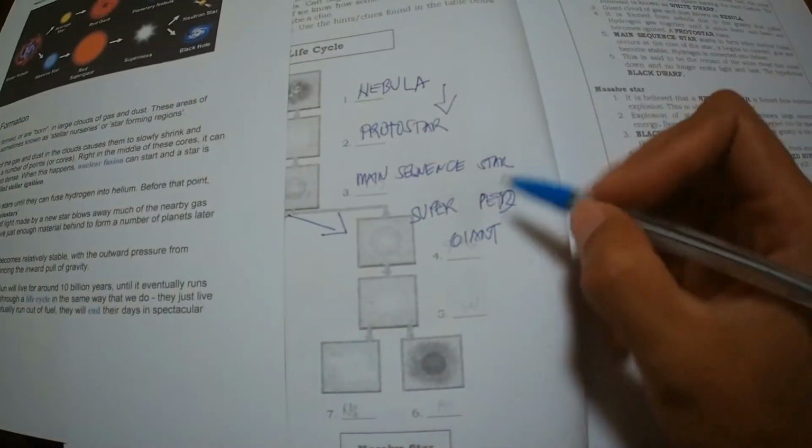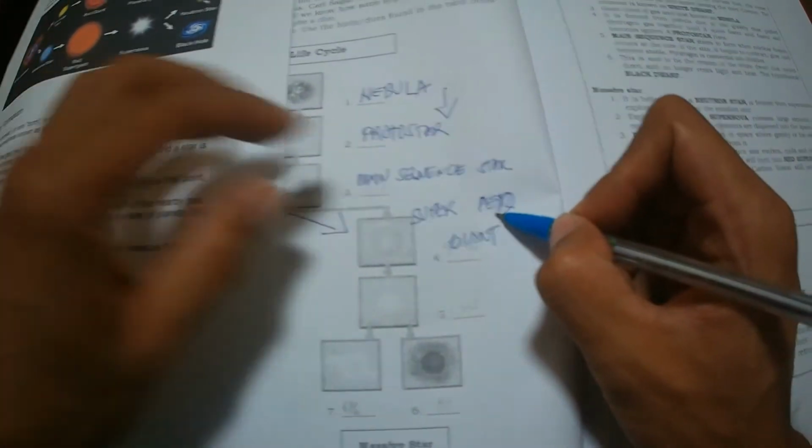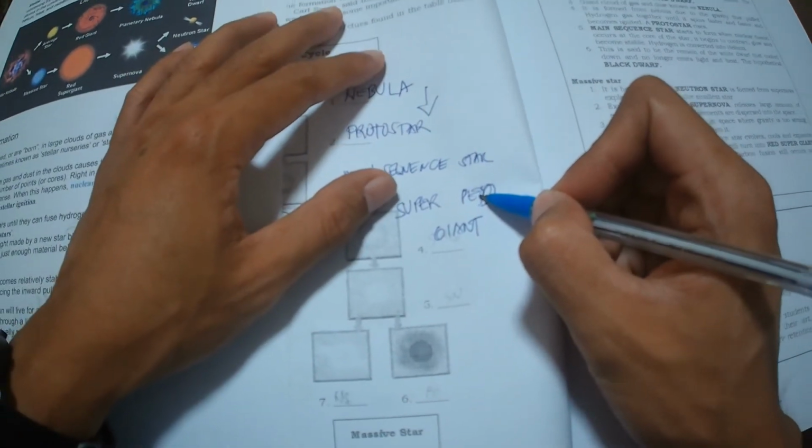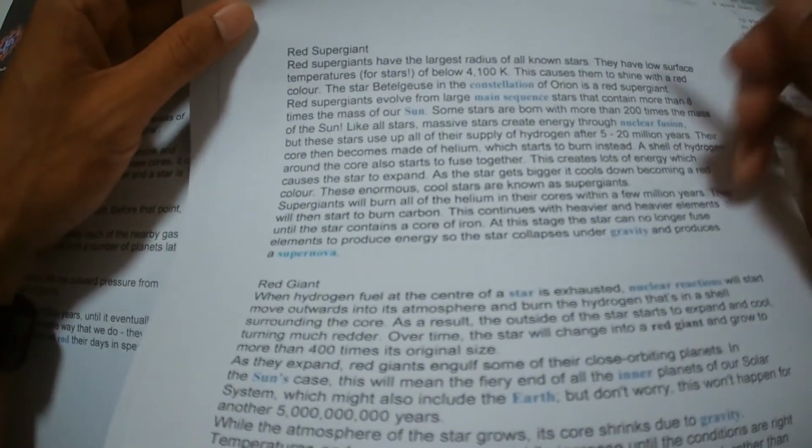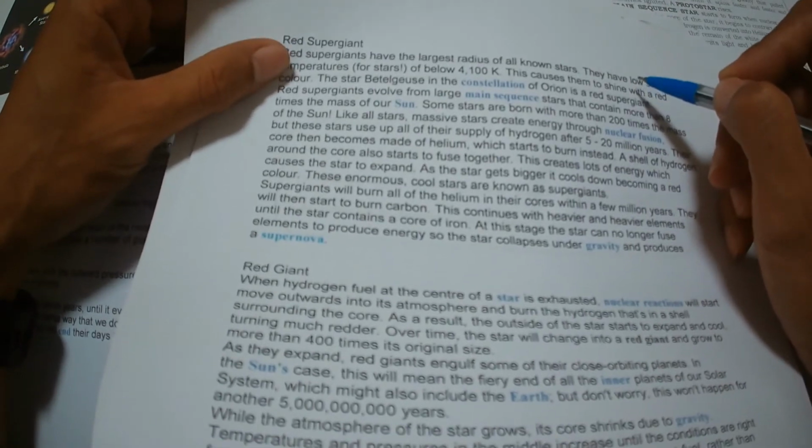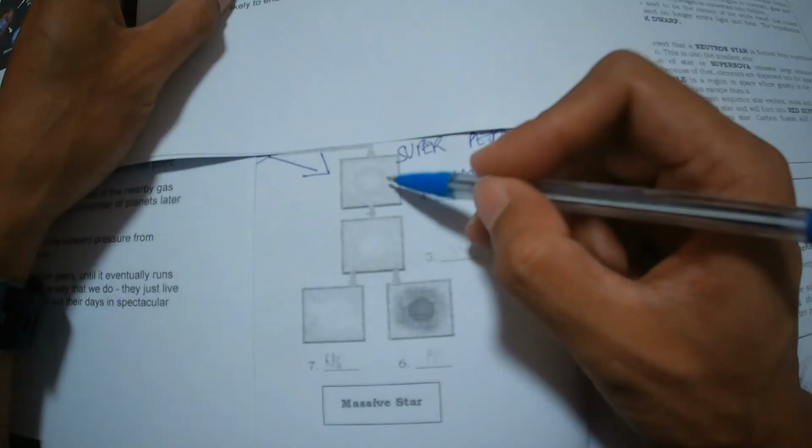Black dwarf. Okay. Dito naman tayo sa super red giant. Yung super red giant kasi, anong sabi dito? Super red giants have the largest radius of all stars. They have low surface temperature. So, mas malamig ang surface temperature ng super red giants kesa dun sa red giants.